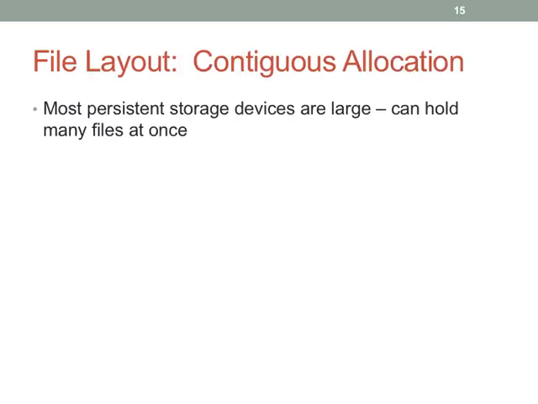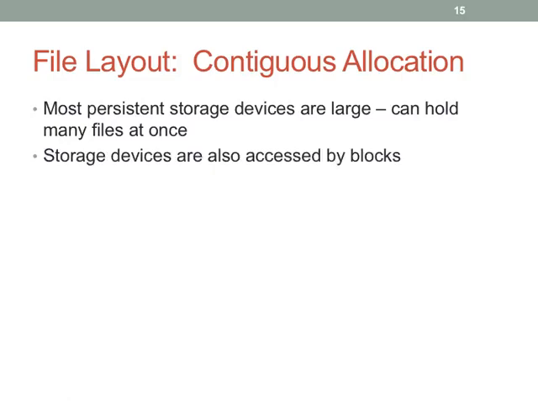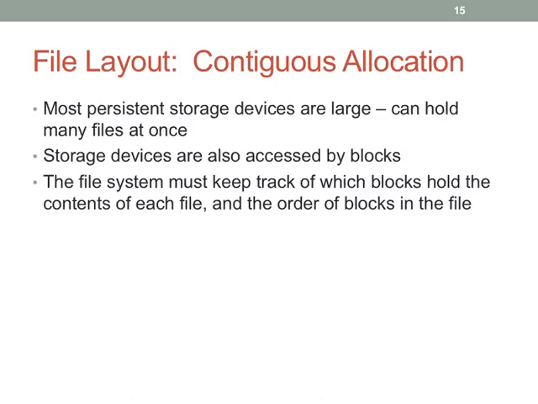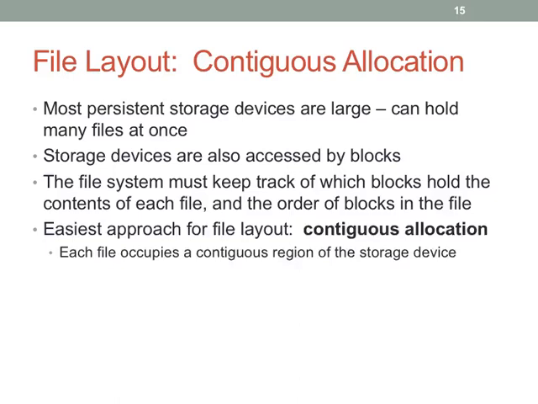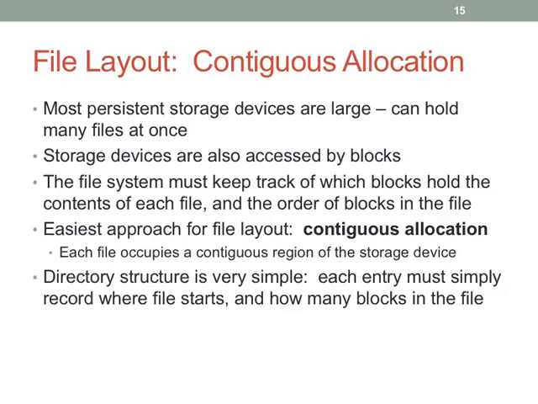Okay, so since we can hold a lot of files at once, and we access these things on blocks, the file system has to keep track of where files live. And so a simple way of doing this would just be contiguous allocation. Okay? We assume that every file is always going to be contiguous, so we don't allow them to be multiple pieces.